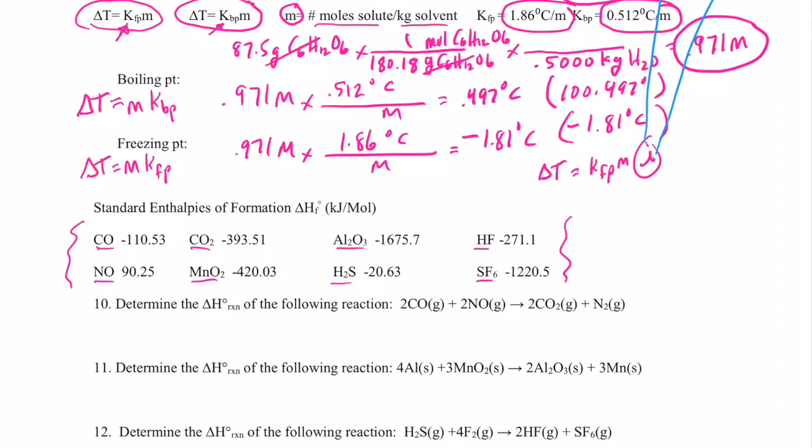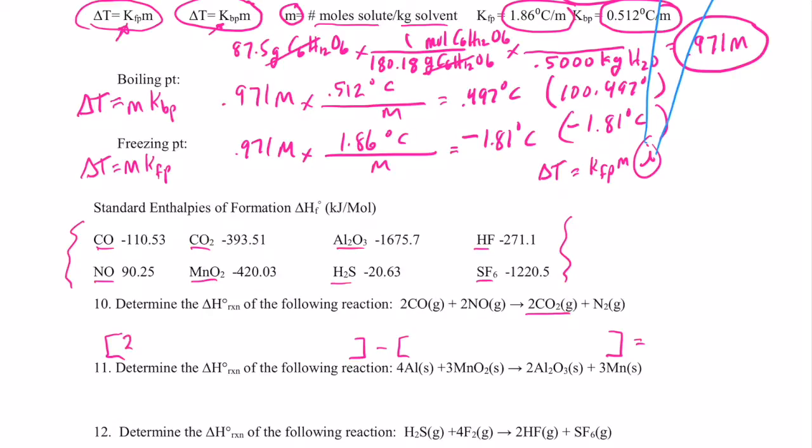And so when we do Hess's law, as you remember, we add up the heats of formation of my products and subtract that from the heats of formation of my reactants, and that will give us the heat of the reaction. So remember, we have products on the left and reactants on the right. So for example, number 10, we have 2 carbon dioxides.